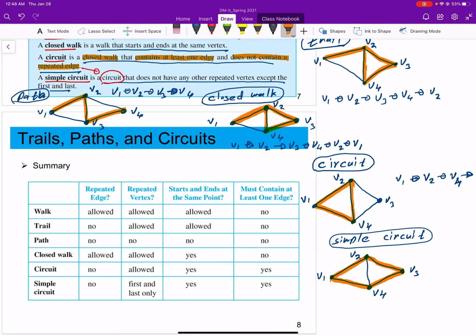By the way, I'm thinking of changing this a little bit, because this is a circuit and at the same time a simple circuit too. Okay, so how do I change it?